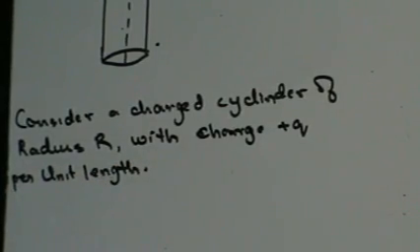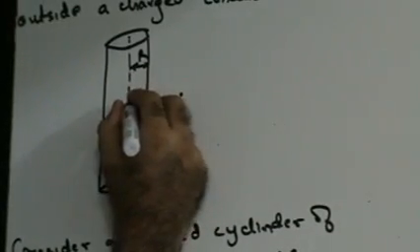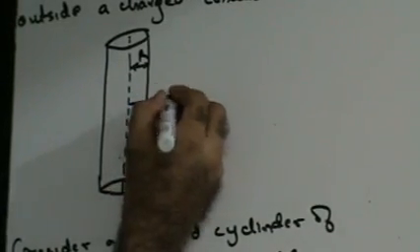Right? Now let's consider that there is a point P at a distance of r from the center of the cylinder.